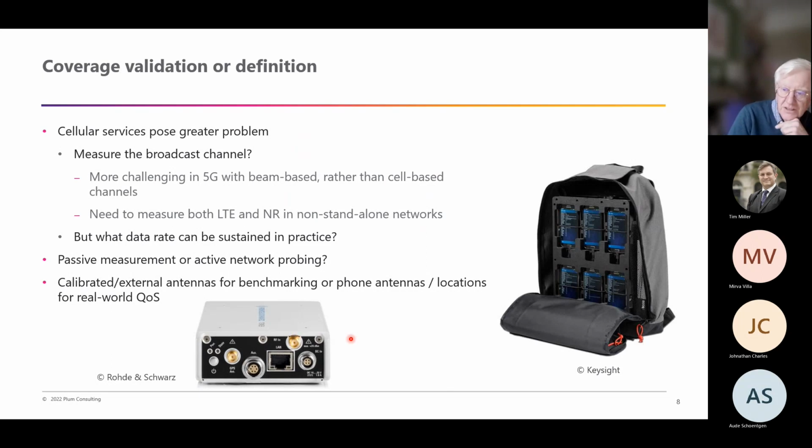What that doesn't do, of course, is tell you much about the traffic that a particular cell can handle at a particular time, and that'll depend obviously on the behavior of other users and the degree of loading of a cell. But there's also a more fundamental problem as we move from 4G to 5G, in that the idea of a cell-based network is disappearing, to be replaced by one that's based around the individual beams that are synthesized from particular base stations on an ad hoc basis.